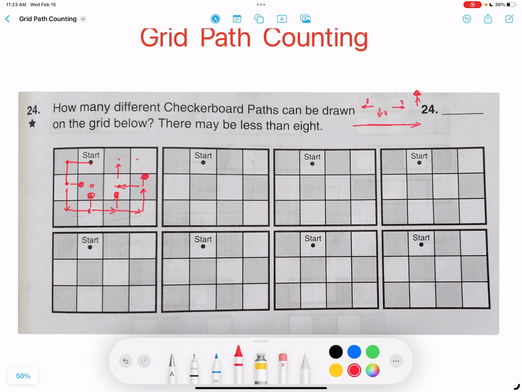So we need to trace back. We'll trace back to the first branch over here we have yet to explore. So this is the one we need to explore. So we'll go up over here, and the only way is go left.